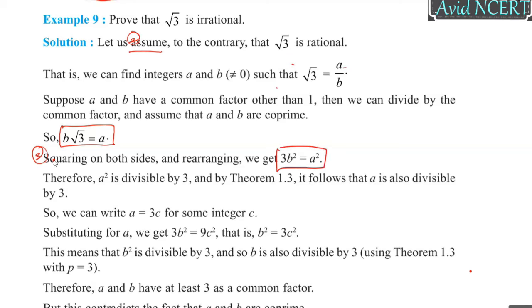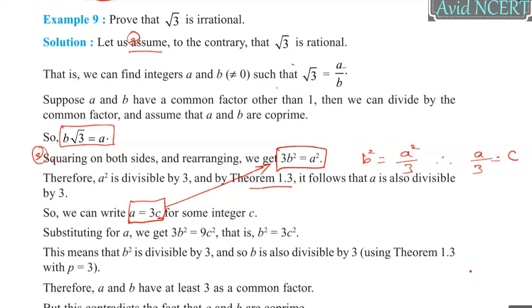So now since a square is divisible by 3, that is theorem 1.3. Here from this, b square equals a square by 3, which means 3 divides a square. Therefore, 3 also divides a. So we have taken a by 3 equals c, which means a equals 3c. Now we have to substitute the value of a equals 3c in this equation.